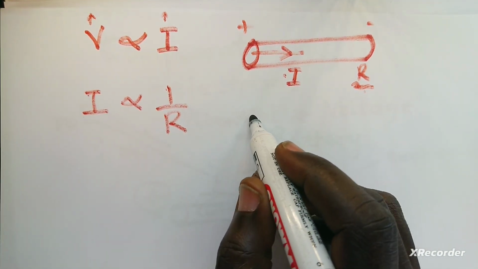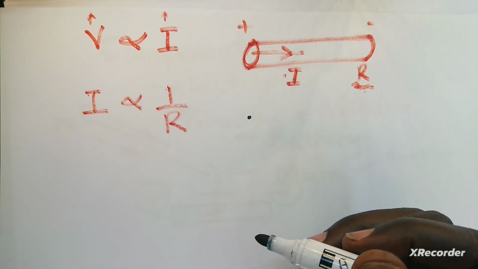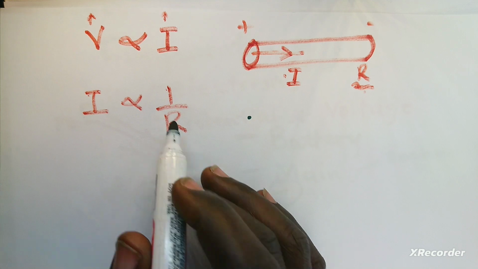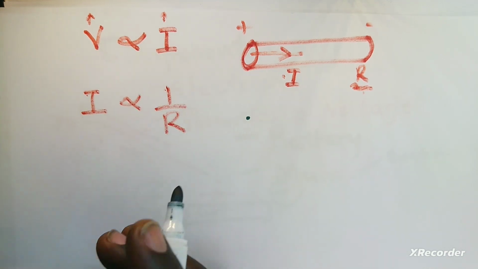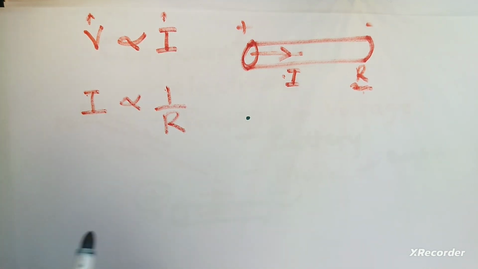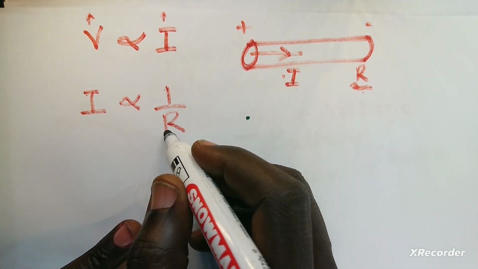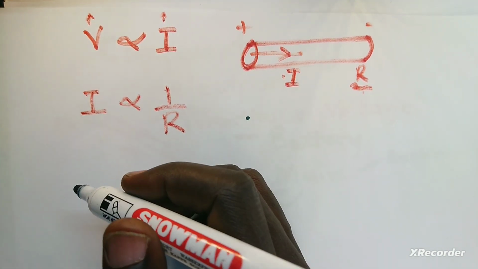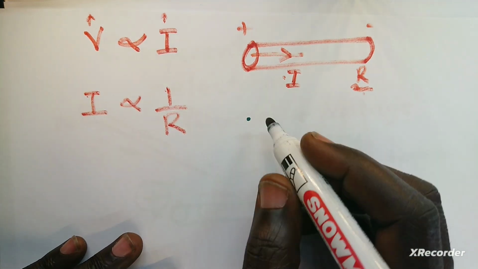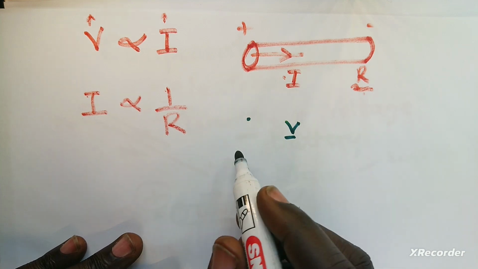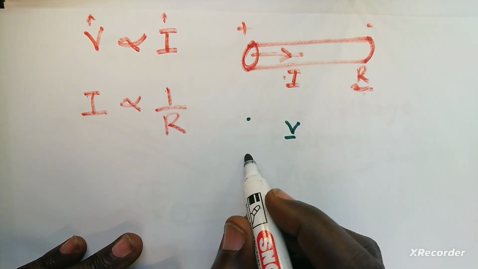We earlier on mentioned that resistance is the opposition to flow of electrons. So he was wondering why, when the resistance increases, the current flowing reduces. Now, assuming we've kept the voltage constant, that's the energy we are providing to be the same.